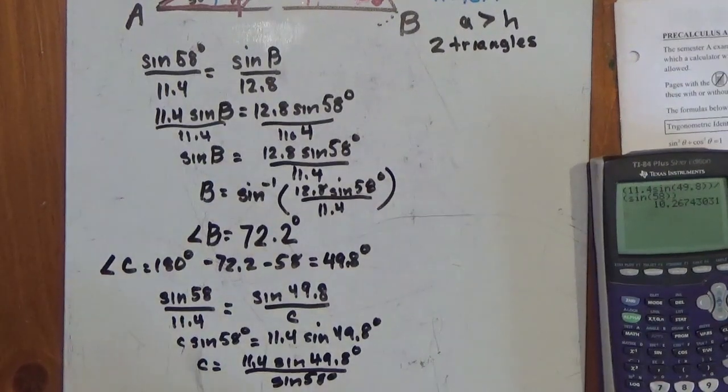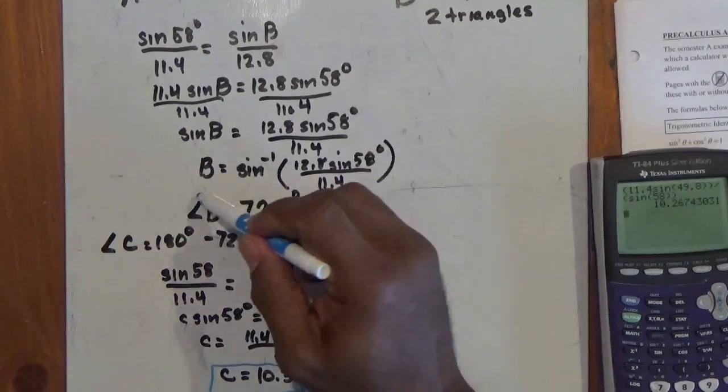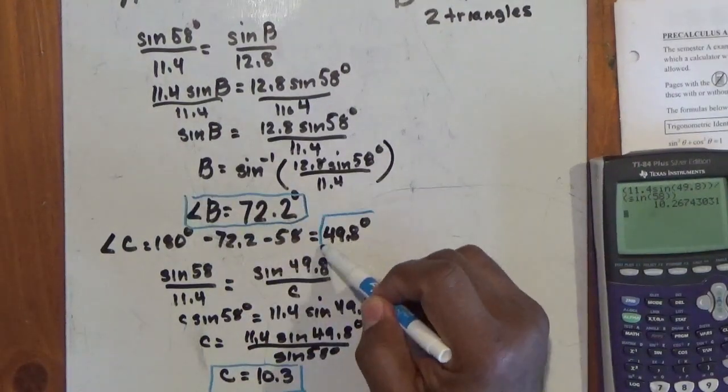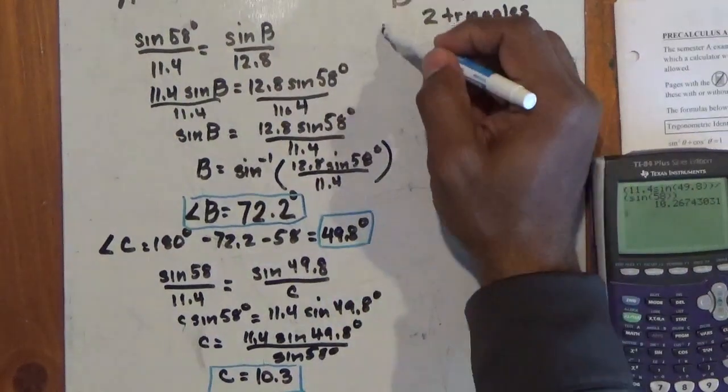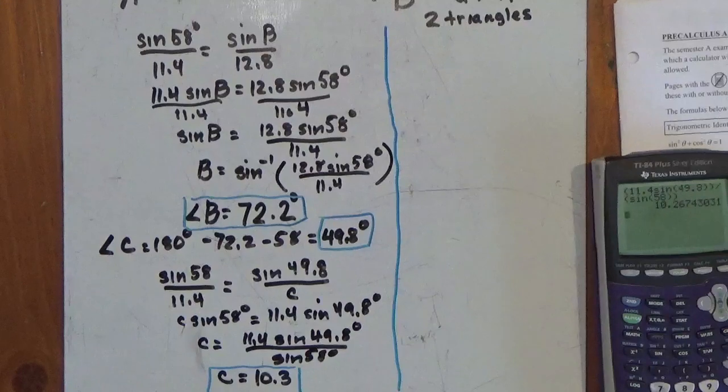And that tells us that C is equal to 10.3. And so for this problem, the information we found is this. So that's all for one triangle. I know you're like, good gracious, there's a lot of work here.